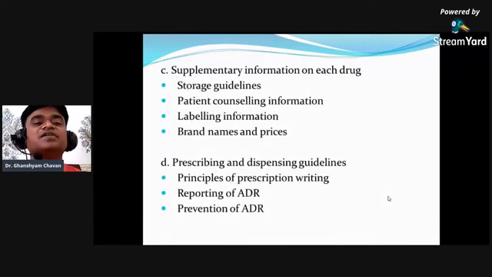Now, point C, supplementary information on each drug. First is storage guidelines. Here, variation in climatic conditions affects your drugs. Various drugs have their specific storage requirements. Some drugs are fine and have no problem with any temperature or climate.